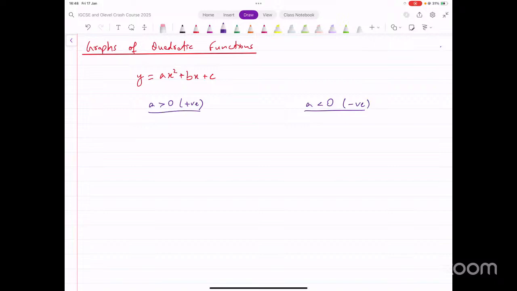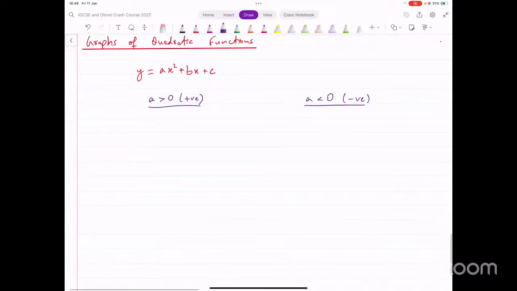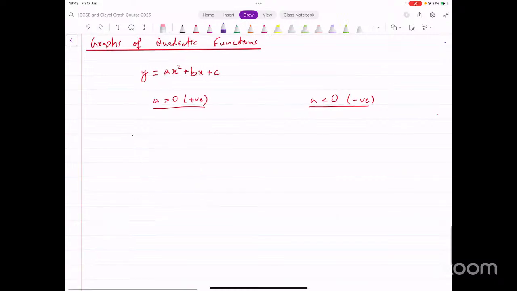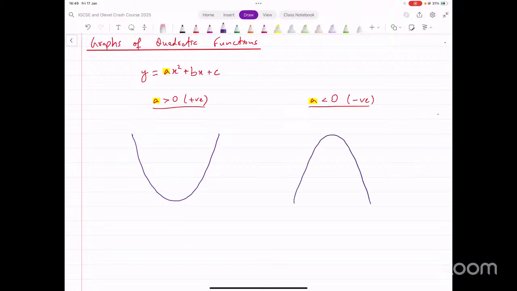When the coefficient of x squared is positive, you get a shape that looks like a U shape. The graph looks like this. And when the coefficient of x squared, this number, is less than 0, that means when it is negative, the graph that you get is an inverted U, like this.